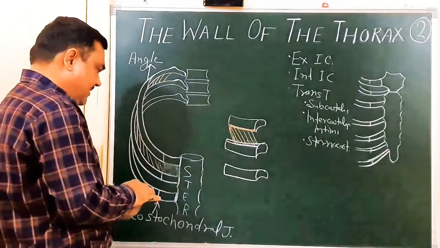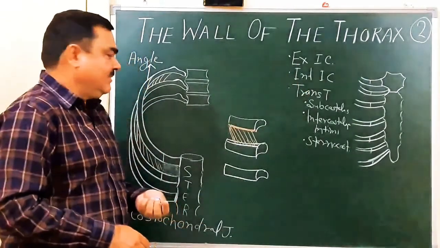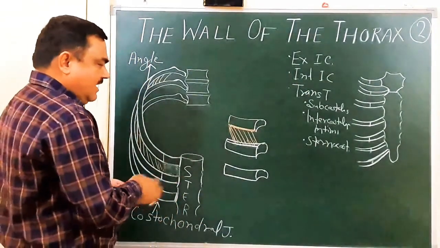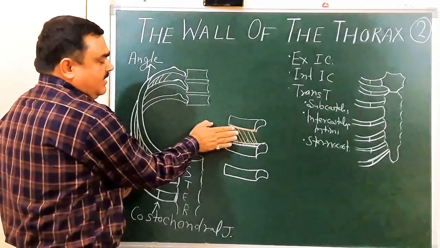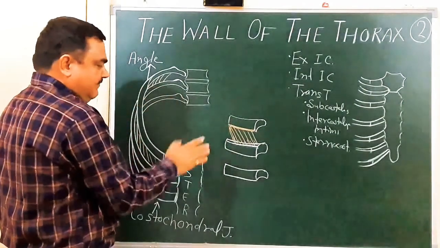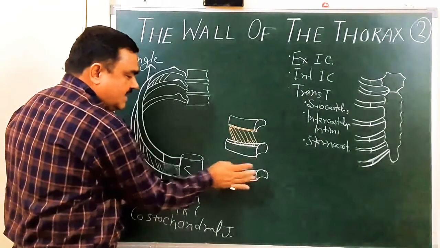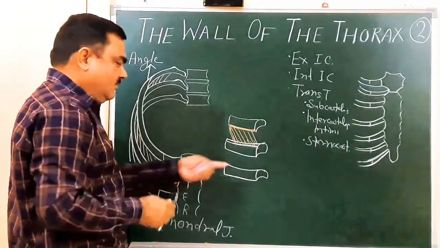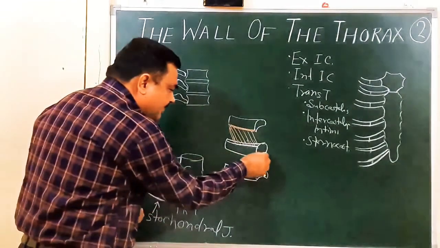Another muscle, that is internal intercostal muscle. If you remove this external intercostal muscle and see the internal intercostal muscle, here we have removed the external intercostal muscle, and now I am seeing the internal intercostal muscle. Internal intercostal muscle takes origin from costal groove.